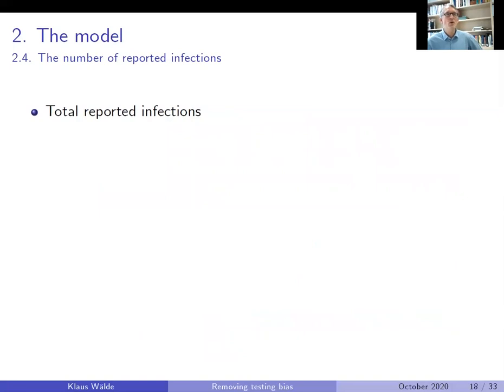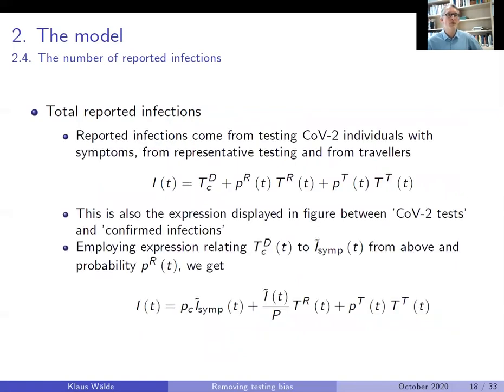Now, what is the total reported number of infections? Well, we take our equation we saw earlier, we plug in the number of tests for the COVID cases, the number of tests for representative testing times the probability, and the number of tests for travelers times the probability. We can replace this probability by this term we saw earlier.